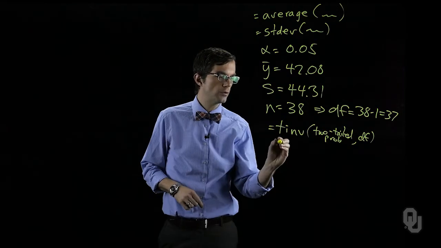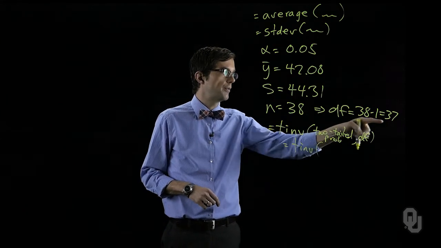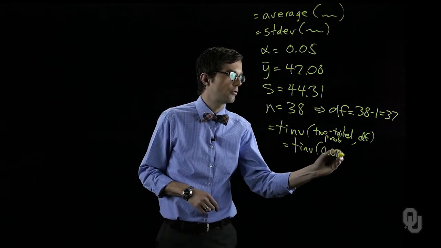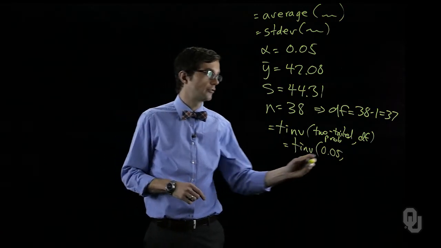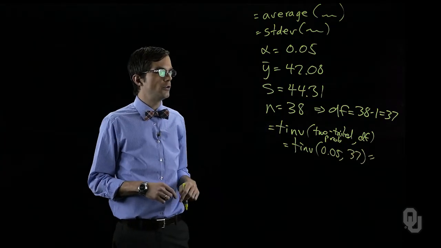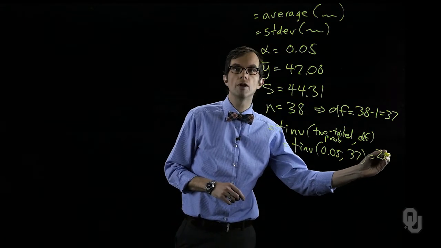For this particular problem, we're going to use the T inverse function because we may or may not have 37 degrees of freedom. The two-tailed probability is 0.05, and degrees of freedom here is 37. If we use Excel to find this, we'll get that the t value is 2.026.